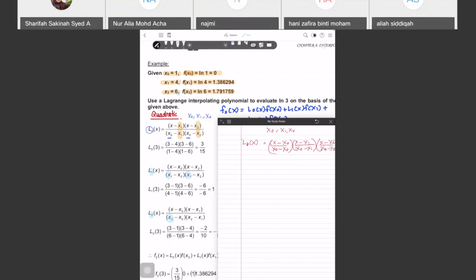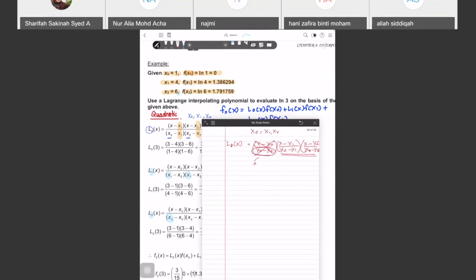But because when you minus it becomes 0, you have to exclude. That's why you get only 2 items here. Same goes for L1.